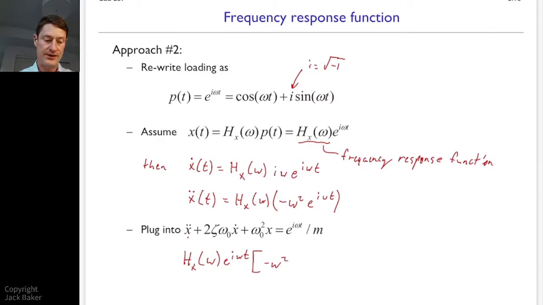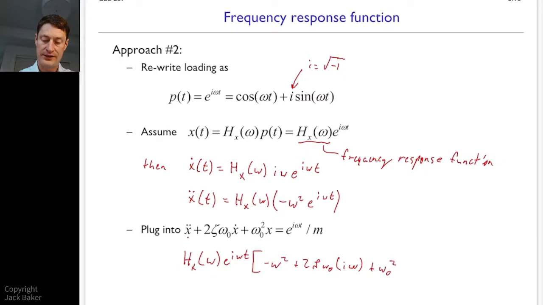For the x dot term, I have the leading coefficients from the x dot already, so the 2 zeta omega naught. And then from the x dot term up here, I've got an extra i omega that I need to keep. Okay, and then for the x term, I just have an omega naught squared.